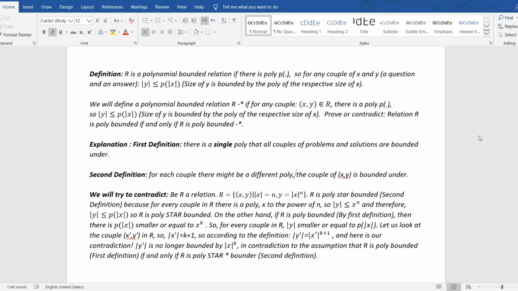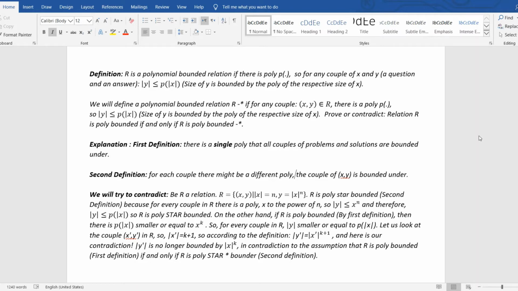On the other hand, if R is poly-bounded by the first definition, then there is a p such that p of the size of x is smaller or equal to x to the power of k. So for every couple in R, the size of y is smaller or equal to p of the size of x.